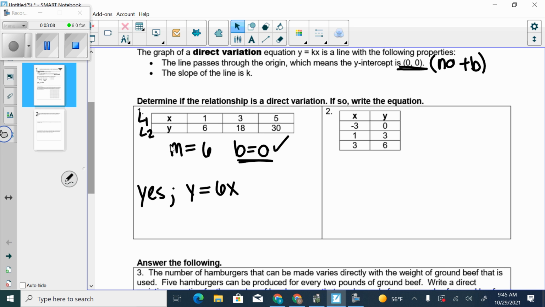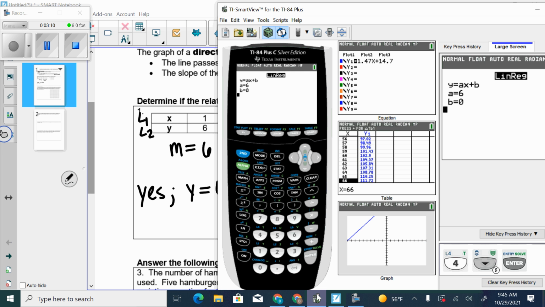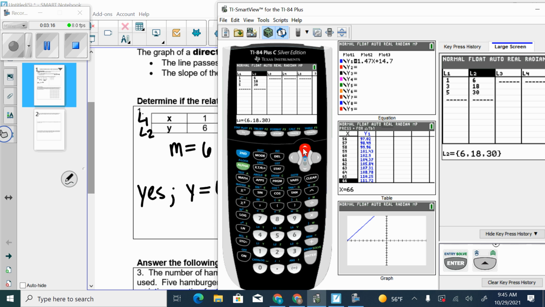All right. On number 2, same idea. Go back into our calculator, press Stat and Edit. Go in and clear out those lists. And then in list 1, we're going to type our x values, which were -3, 1, and 3.